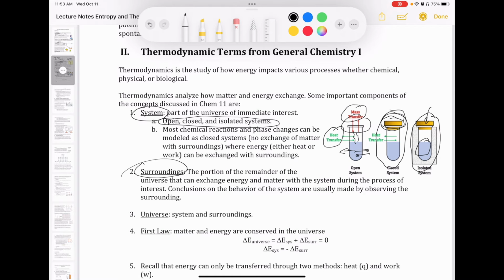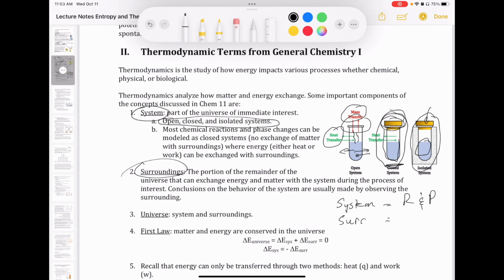Now, the other term that you will need to know is surroundings. I just mentioned that previously. Surroundings is basically anything that can exchange heat and matter with the system. Again, typically we're interested in closed systems, so it's really just whatever's around that can exchange heat with the system. So surroundings can be very broad or very limited. In a chemical reaction, all we want to know for our system is just the reactant and product particles, and then the surroundings is just whatever surrounds them.